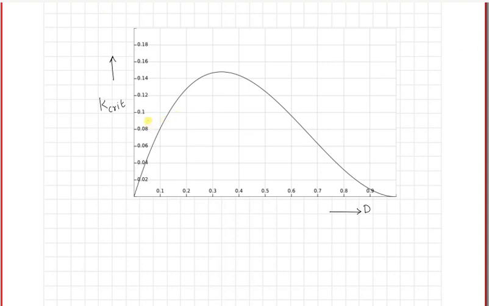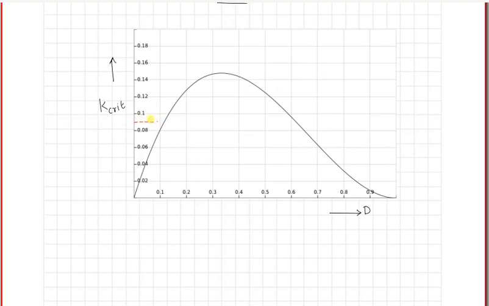suppose that you have now a converter for which the values of L, R and Ts are such that your k value is going to be somewhere here. Okay. What can you now tell about the modes of operation?